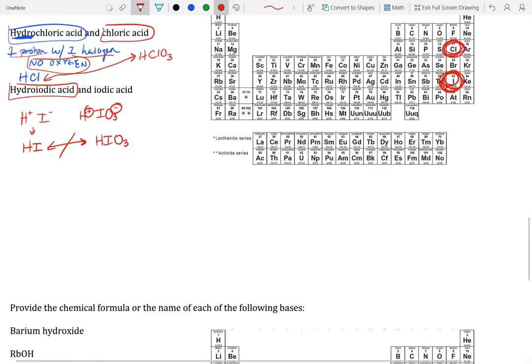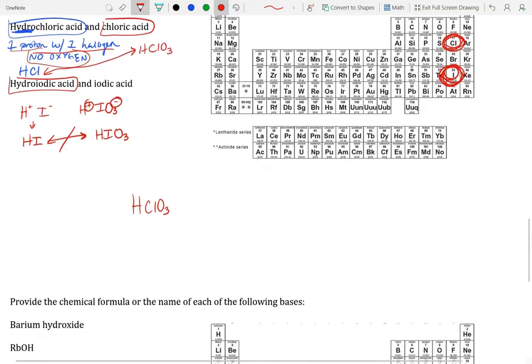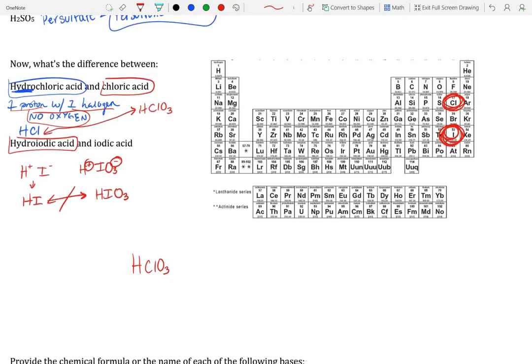So if you see an exam and they ask you to name, let's just say they wrote down this, okay? We're gonna use hydrochloric, or no, chloric. I just made the mistake I'm trying to stress you not to make, right? So if you see answer choice A, B, C, and D, let's say this is hydrochloric acid.